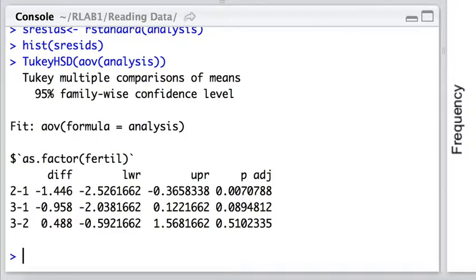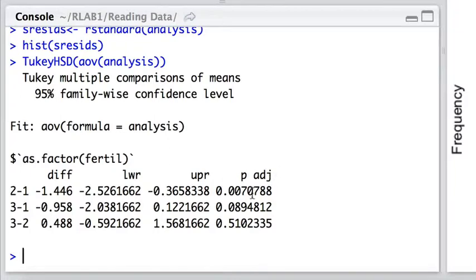Here it is, TukeyHSD, and what we're going to be doing is calling up aov analysis. That's the analysis of variance, another form of doing an analysis of variance on that overall analysis, and this is what we find with the TukeyHSD test.